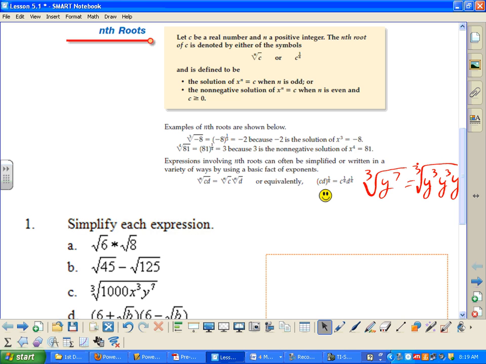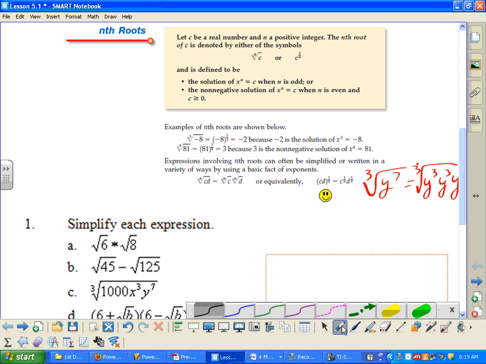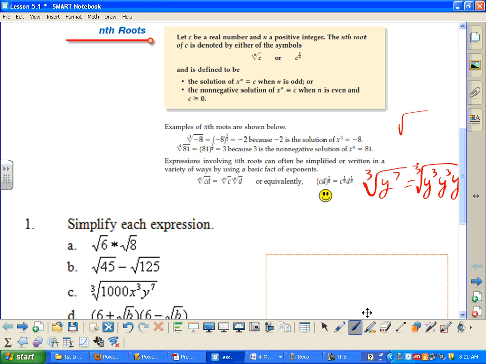And you can see here I've written in red the cube root of y to the 7th. That could also be written as the cube root of y cubed times y cubed times y. Well, what is the cube root of y to the 3rd power?